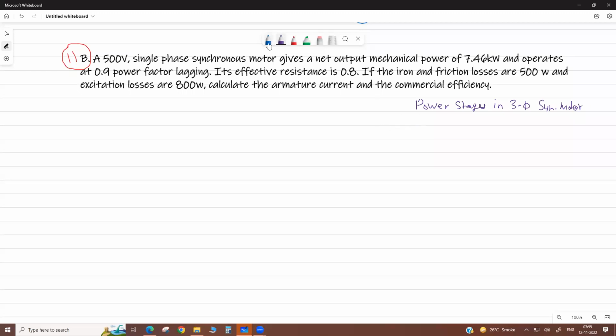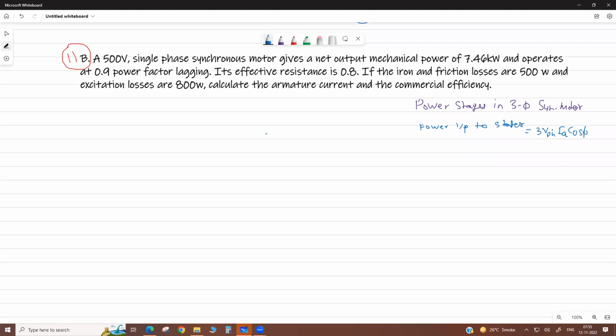First is the power input to the stator, or stator input. If we take per phase values, it is 3 into phase voltage, phase current, which is the armature current, because load current equals armature current in a motor, then the power factor also.